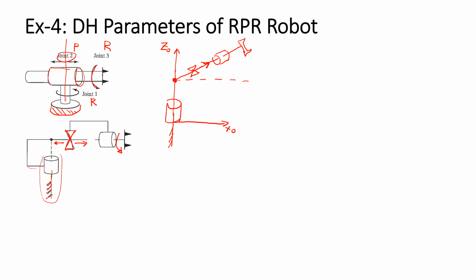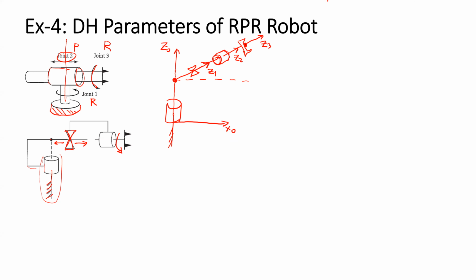So yes, Z1 is this direction. Z2 is also along the axis of rotation of the revolute joint. The last thing is that I forgot to put the final frame, right? So in this case, I point the last frame at the end effector in the same direction as Z2.